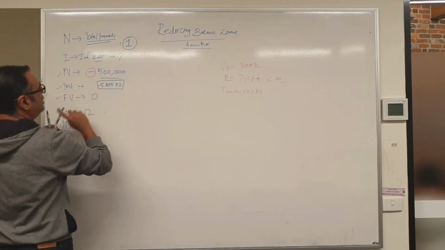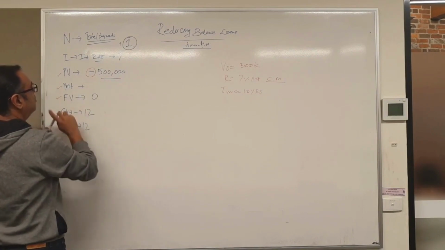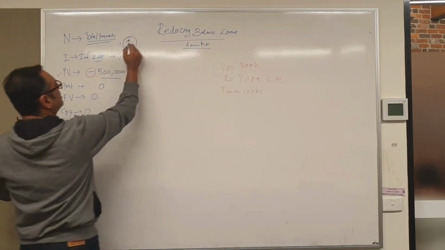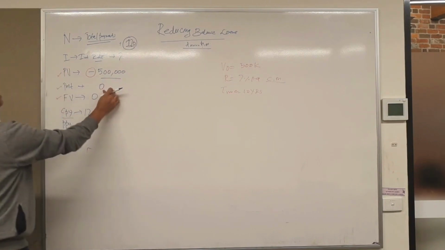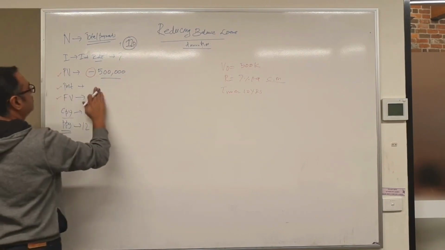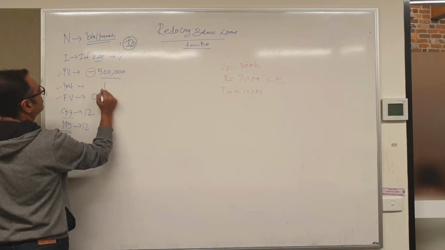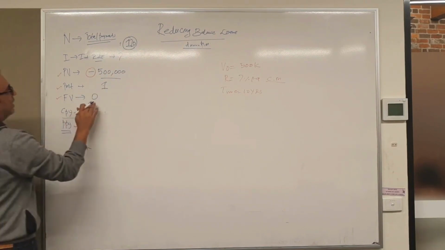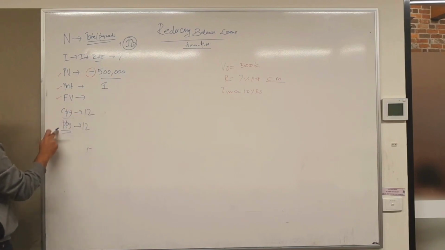My PMT will be 0. I'm not receiving any, let's try, no. I think let this be 120 and PMT be 0. Or PMT is 1, sorry, 1 payment. Let's try that, 121. And future value, and CPY, PPY to be 12.